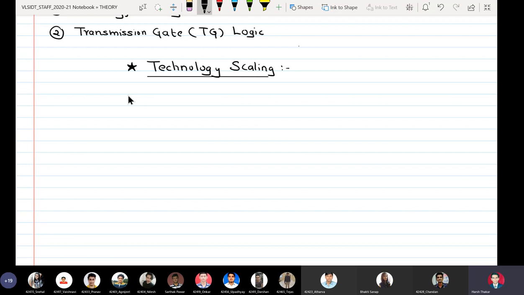From about 1500 nanometers in 1971 to 2020, in a span of 49 years, the transistors have become smaller and smaller, scaled down to almost 5 nanometers today. So the transistors have been scaled down by a factor of almost 300.